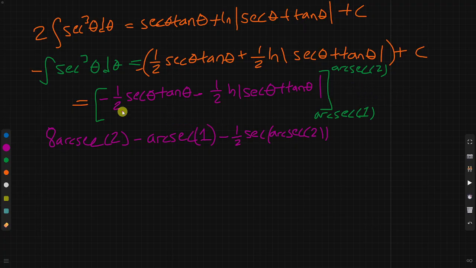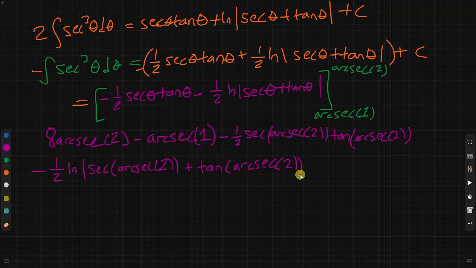Obviously, you can cancel that, but I'm just rewriting that. Times tangent of arcsecant of 2, minus 1/2 ln of the absolute value of secant of arcsecant of 2 plus tangent of arcsecant of 2. Right? So I plugged arcsecant of 2 in for theta.